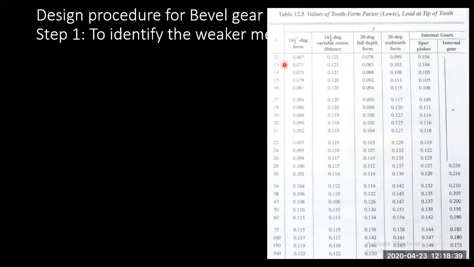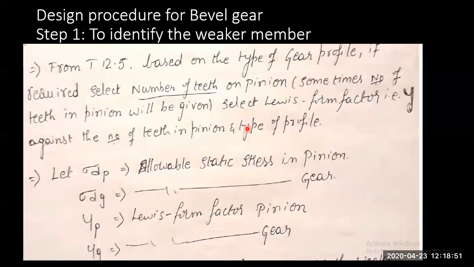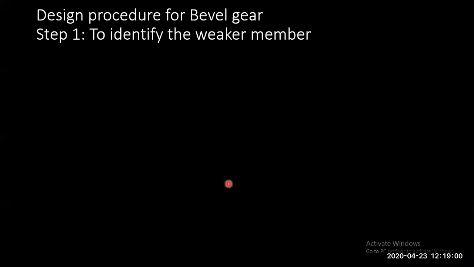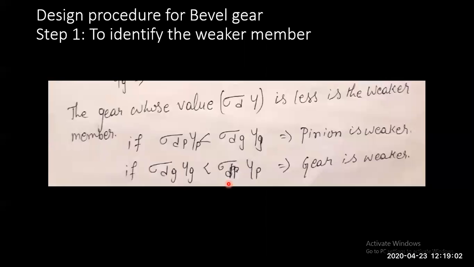You can directly source it if the number of teeth is given. If the number of teeth is not given, then you need to refer to a different table. I'll show you the table.